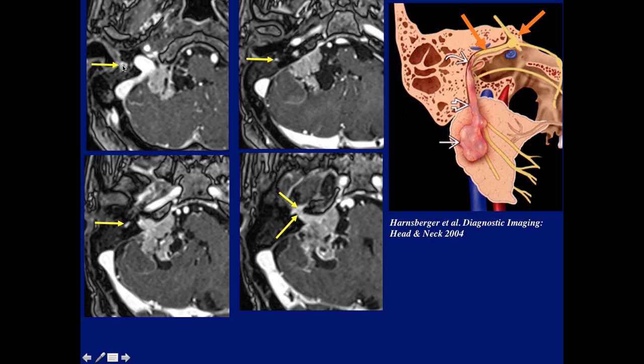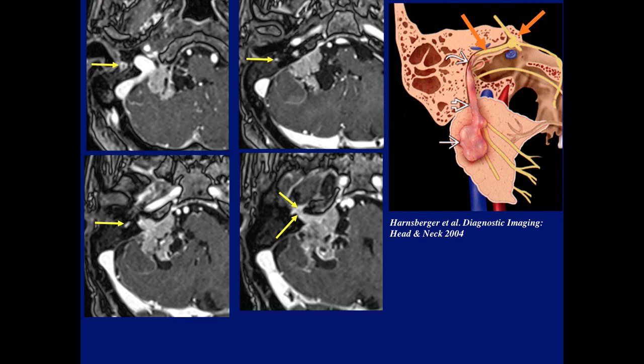This is the mastoid segment. Here it is, moving up. It's kind of thin here at the genu. Here it is. And notice, what do we see? We see the geniculate ganglion, and we see the IAC. So this massive, solid, cystic lesion is all perineural spread, which was originally a tumor several years ago.